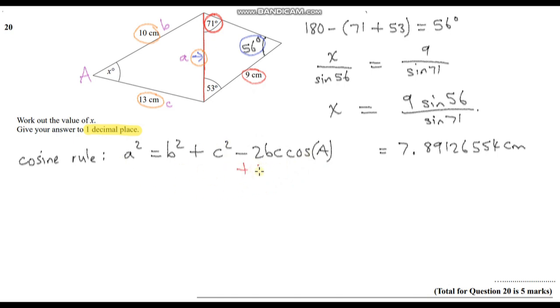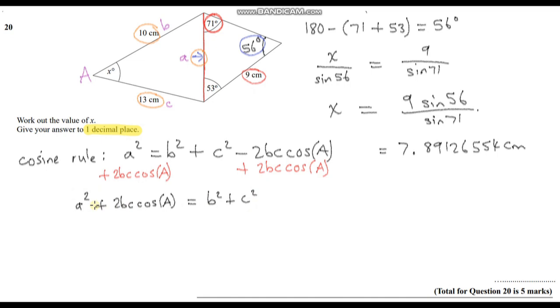So I'm going to add 2bc cos of A to the right hand side and to the left hand side. So what are we left with? On the left hand side we've got a squared plus 2bc times the cos of A, and on the right hand side, all of this will just cancel out, so all we're left with is b squared plus c squared.